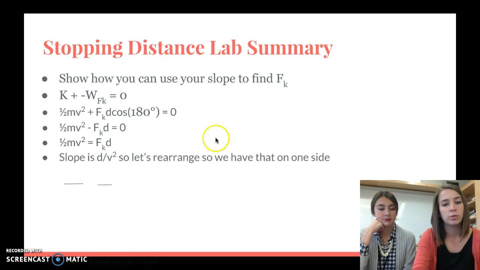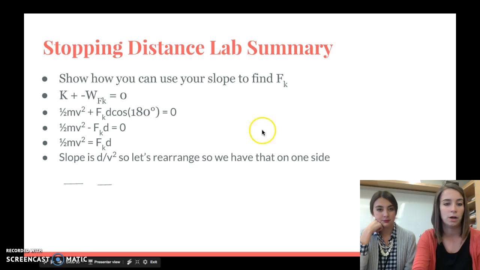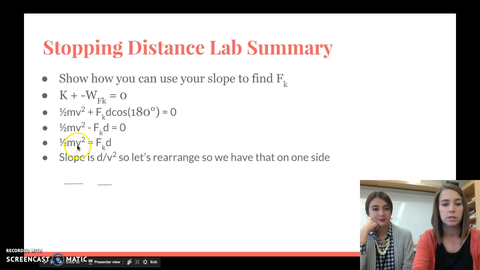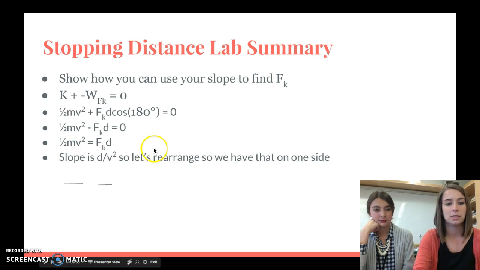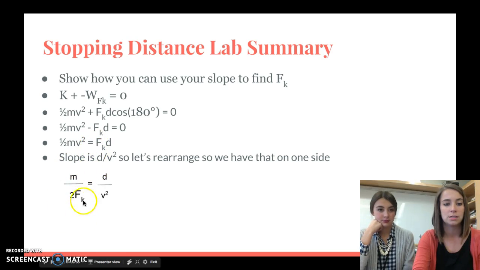Your slope, if you remember, our rise was distance and our run was velocity squared. So we want to get distance divided by velocity squared on one side of the equal sign. So I'm going to divide the velocity squared over to the other side and divide the Fk to the other. What you're left with is the 1/2 m on one side and the Fk in the denominator is equal to the distance divided by the velocity squared.